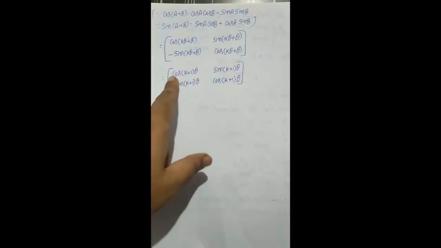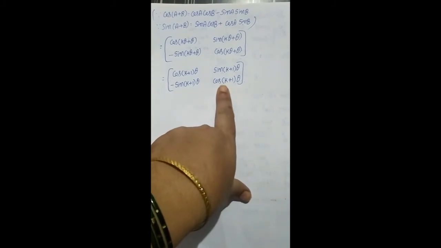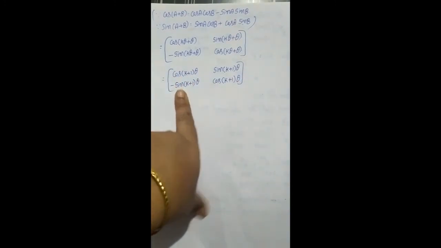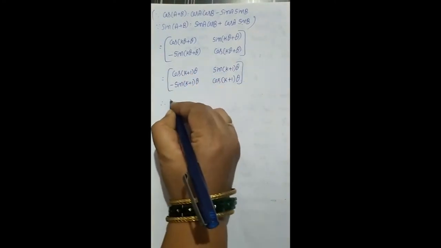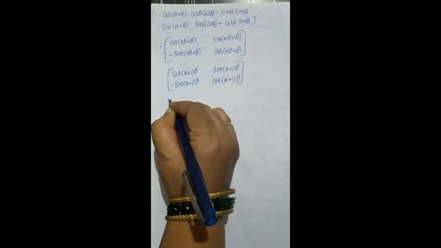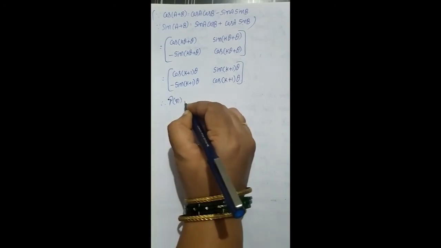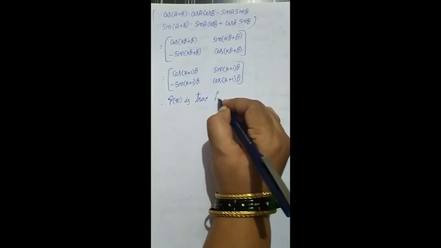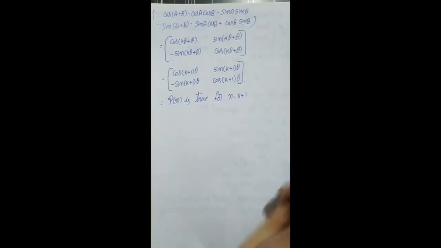P of n is cos n theta, sin n theta, minus sin n theta, cos n theta. If n equal to k plus 1, the matrix is the same. Therefore, the statement P of n is true for n equal to k plus 1.